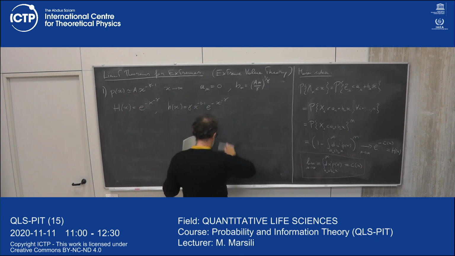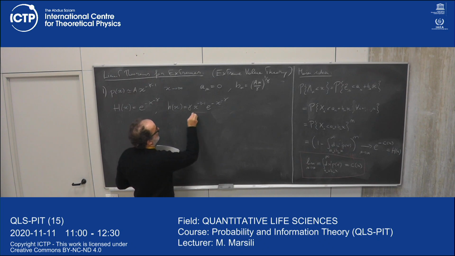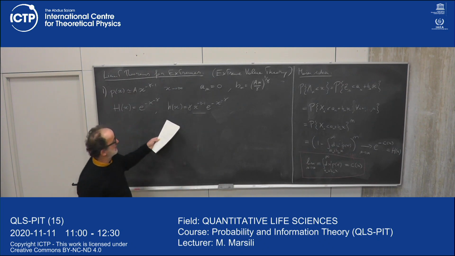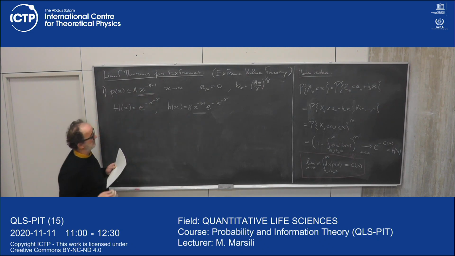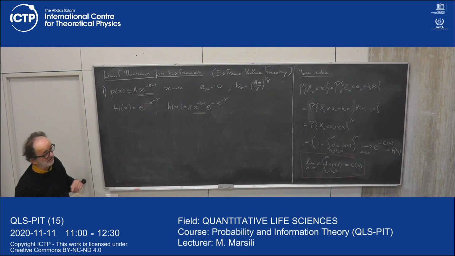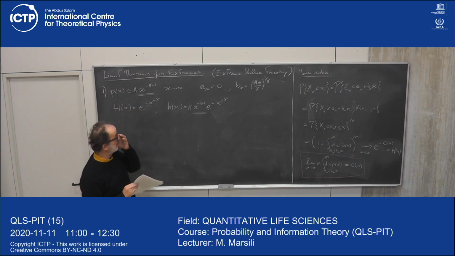So you notice here that for x going to infinity, this limit distribution has the same asymptotic behavior as the original distribution. So the limit of the maximum preserves the behavior of the tail of the random variables.